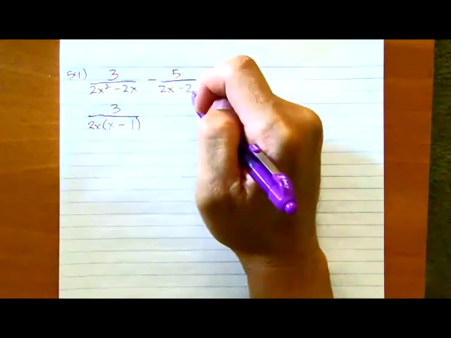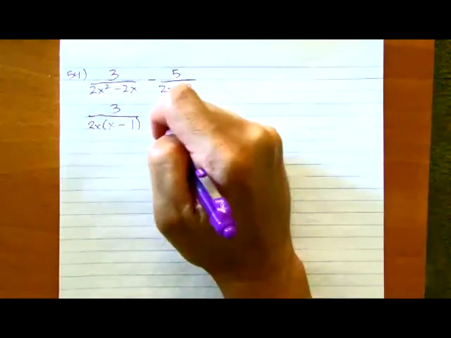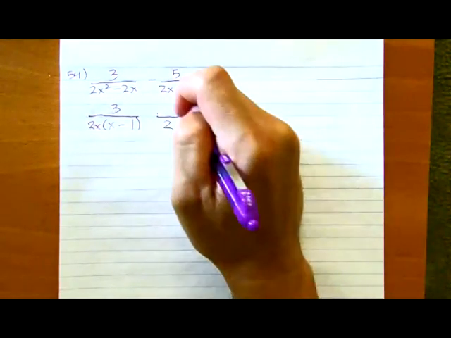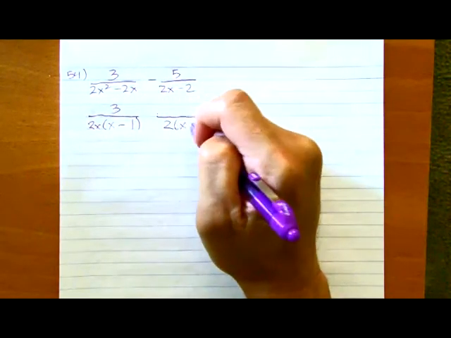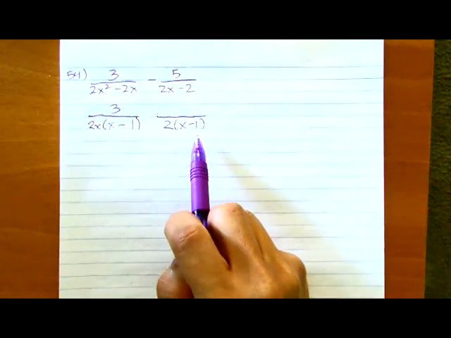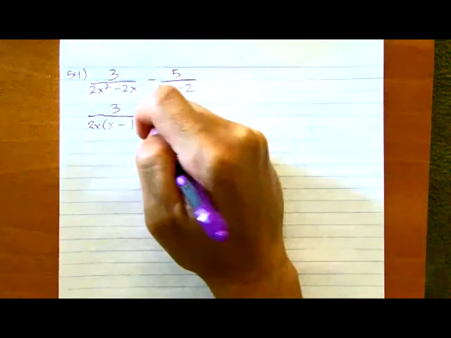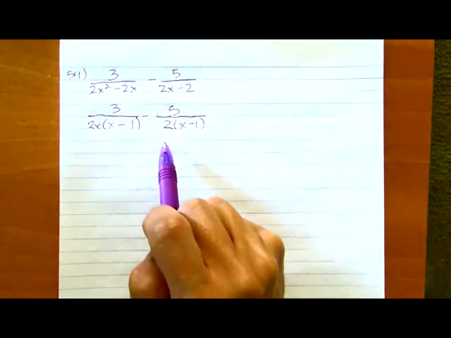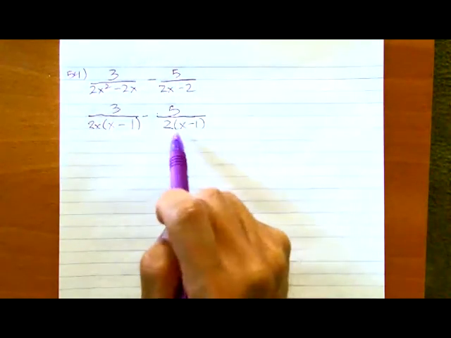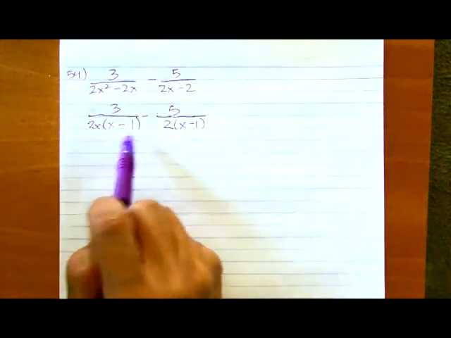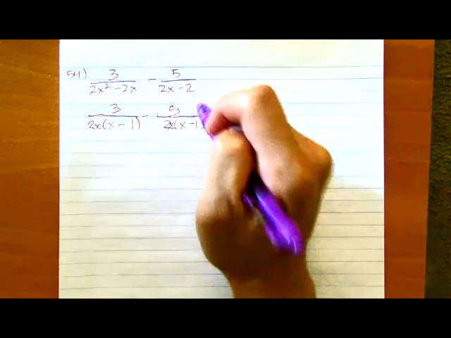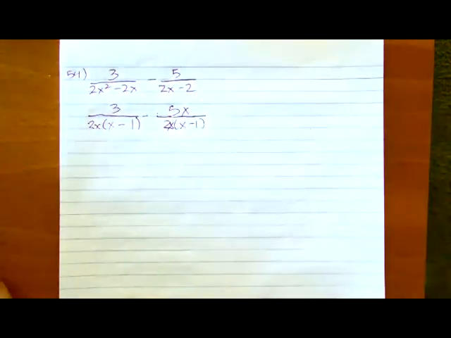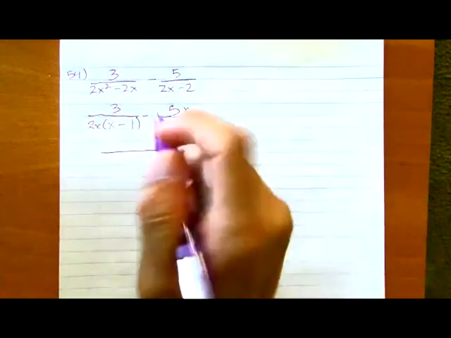For the second term, they have 2 in common. If I factor out 2, that gives me x minus 1. Okay, this denominator is missing a factor that this one has, the x. So multiply top and bottom by x. Okay, now the denominators match.